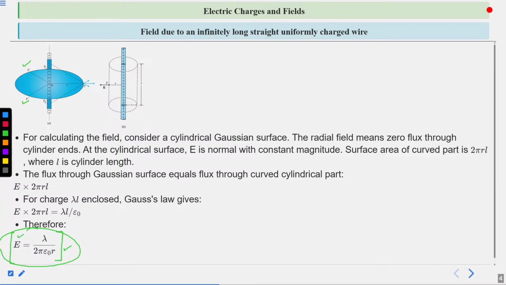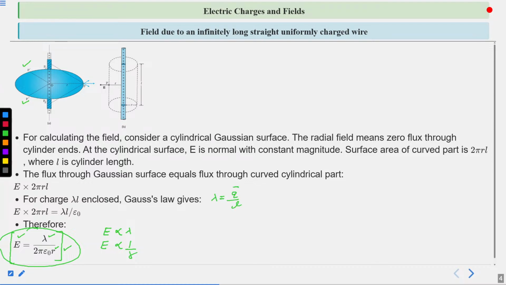E depends on lambda and E depends on r. Yes or no? E is directly proportional to lambda and E is inversely proportional to r. And we know lambda is charge upon length.